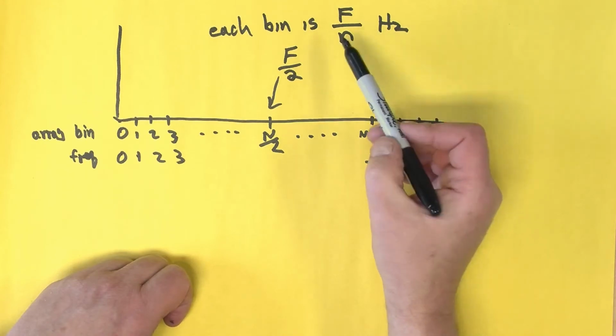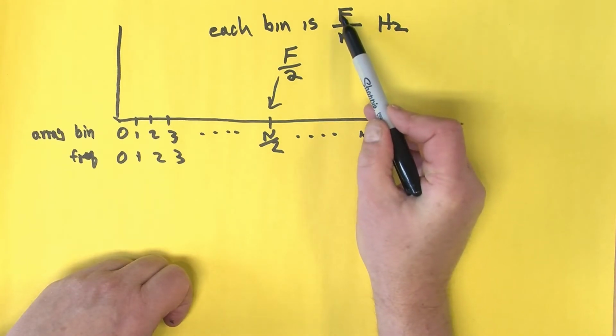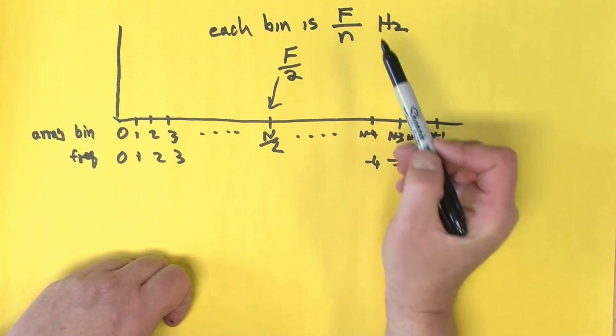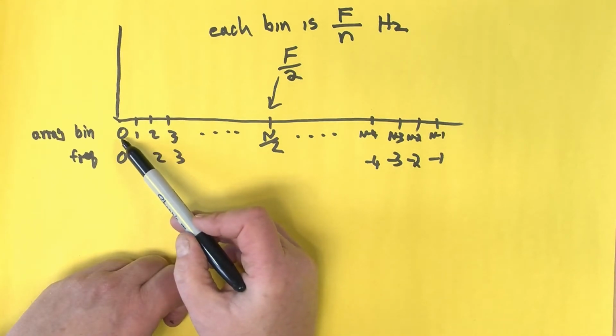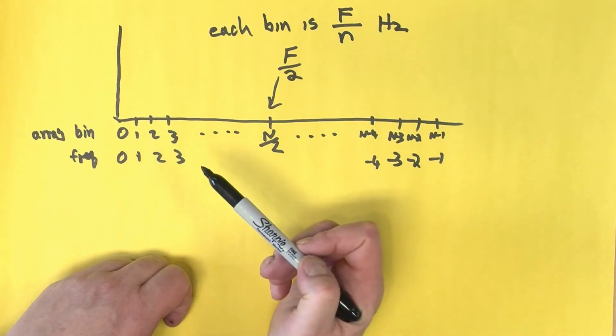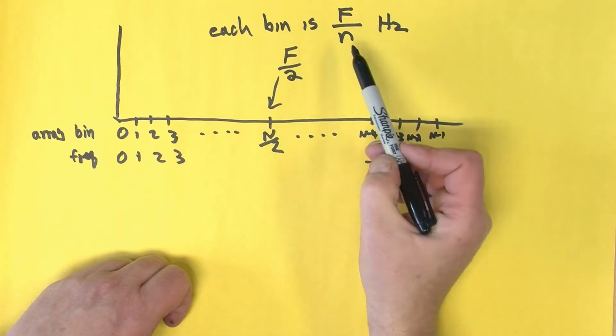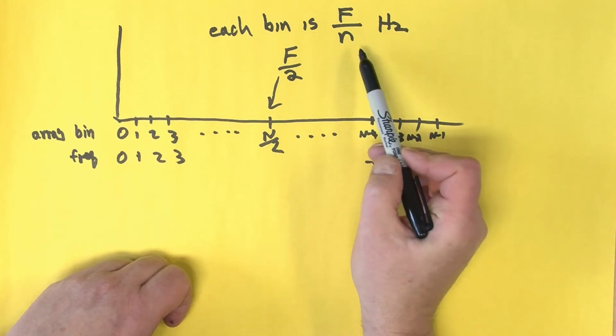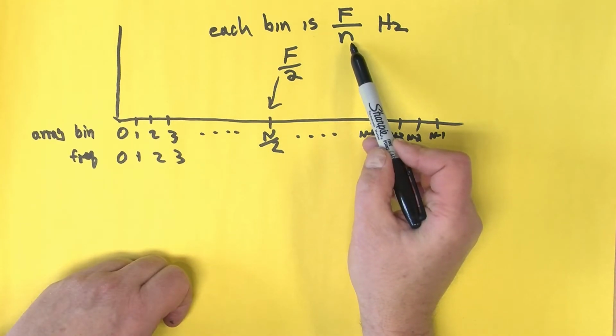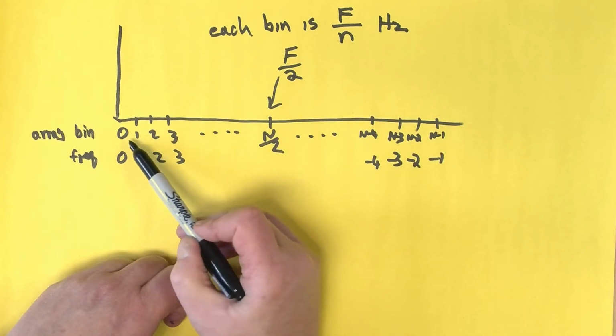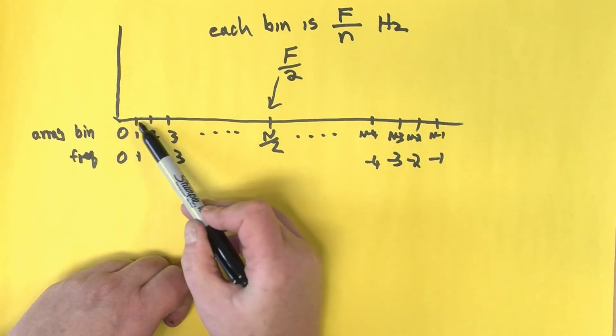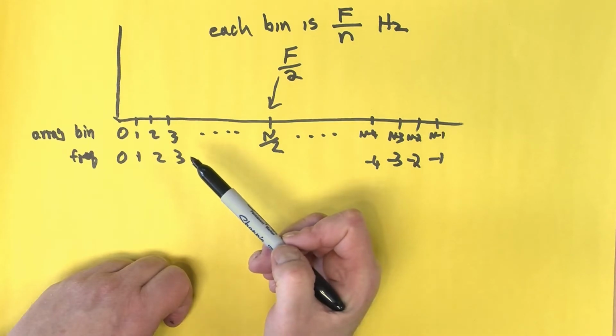If we make f really big, the differences in frequency between these bins gets larger. If we make n really big, we use a lot of samples, the distance in frequency between each of these bins gets smaller.